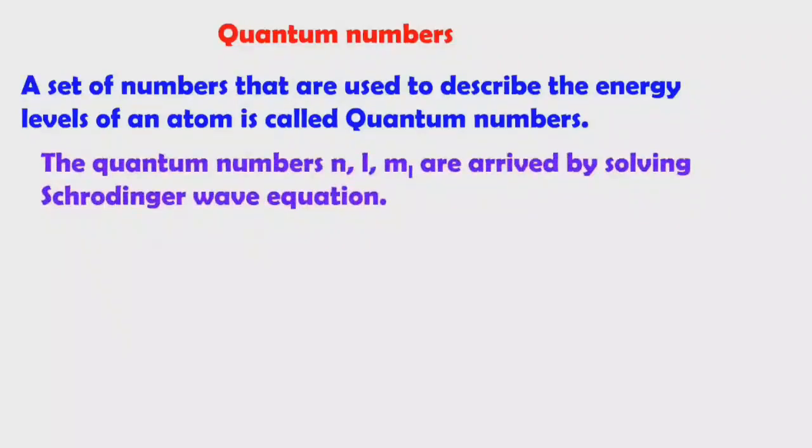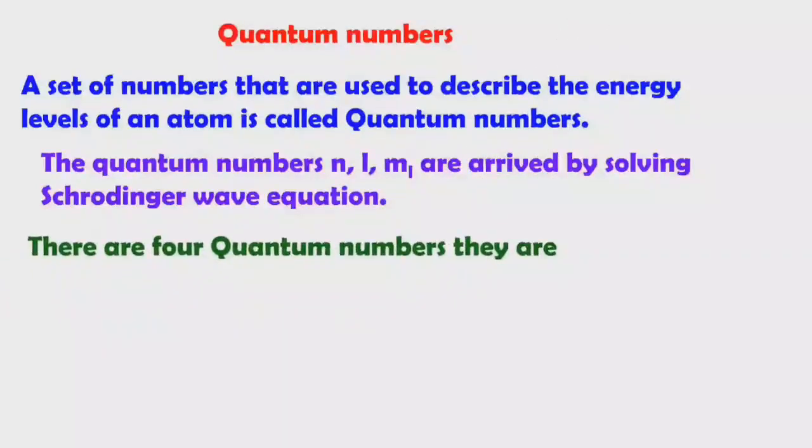The quantum numbers n, l, ml, these are the different quantum numbers we will discuss, arise by solving the Schrodinger wave equation. There are four quantum numbers.